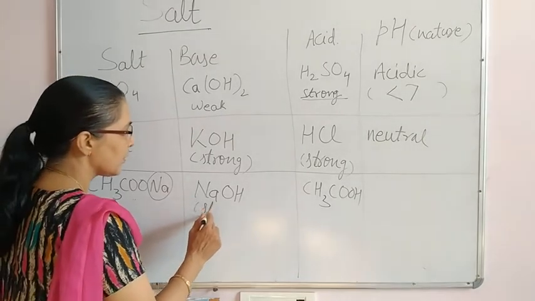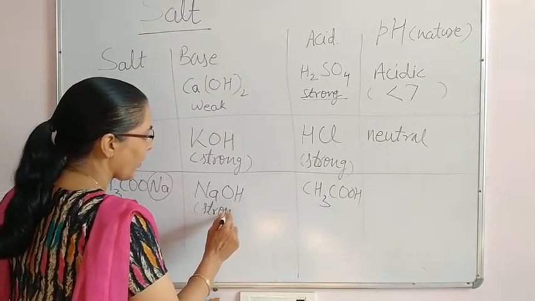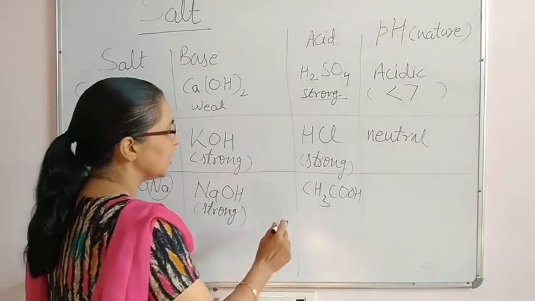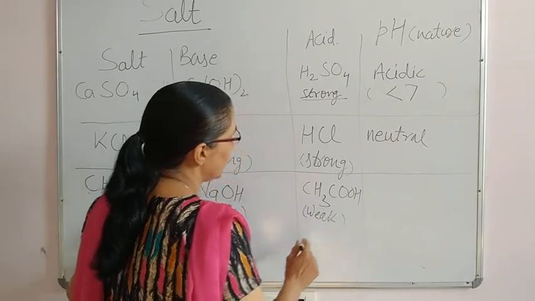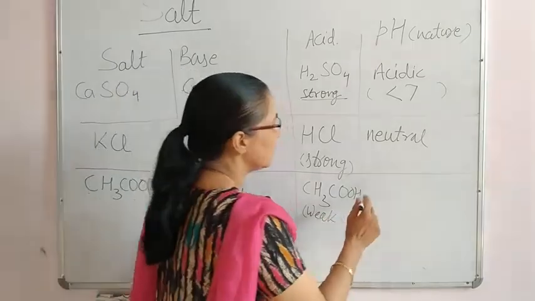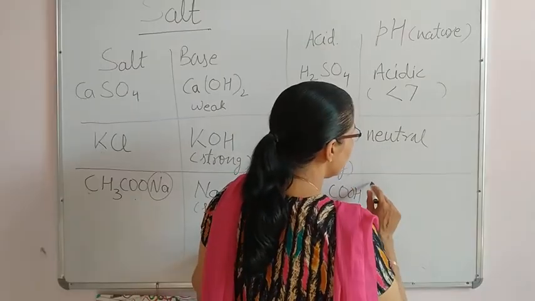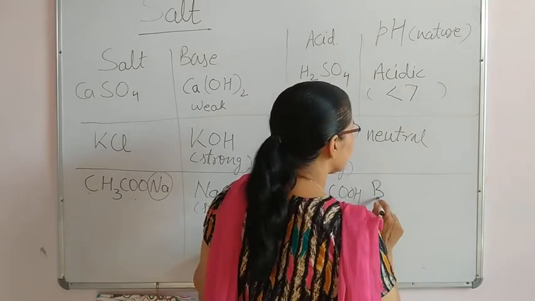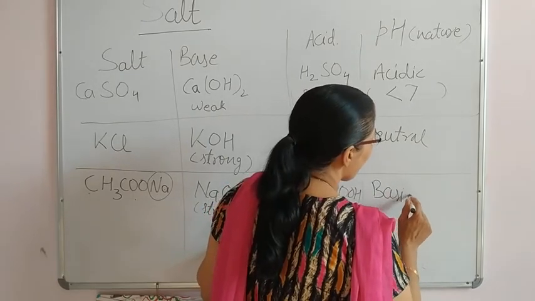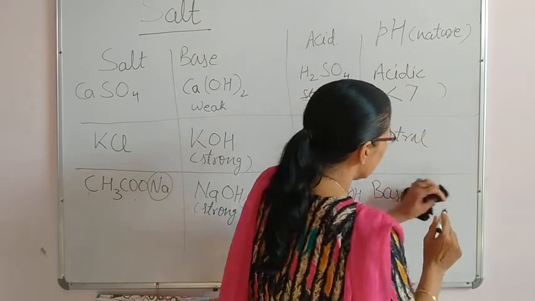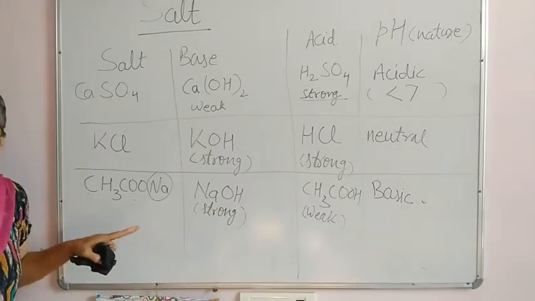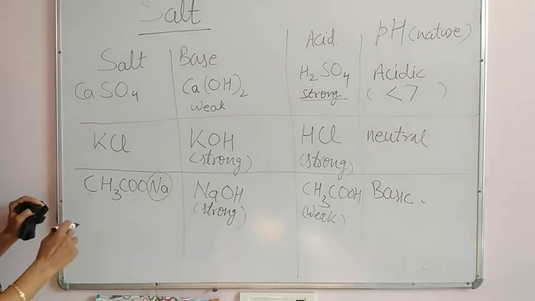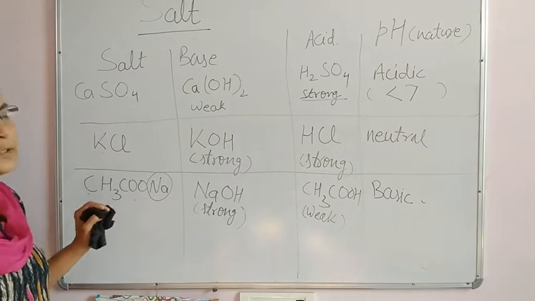It is strong. The acid is weak. So the nature of this salt solution will be basic in nature. In the same manner, you can find out the nature of zinc sulfate, iron sulfate.